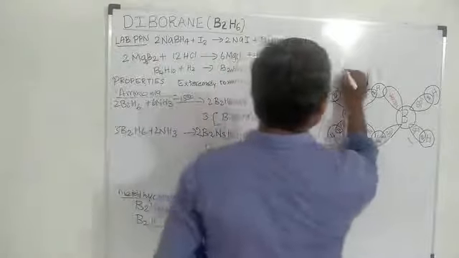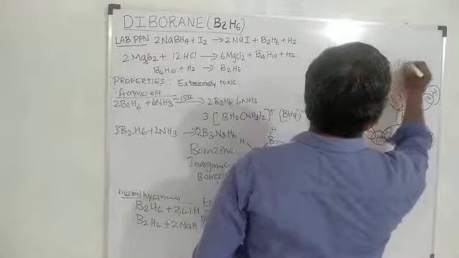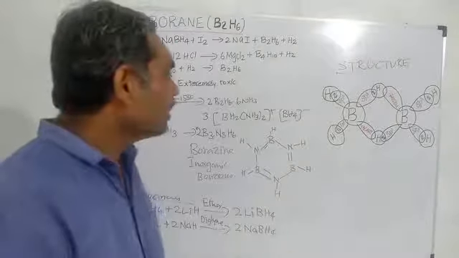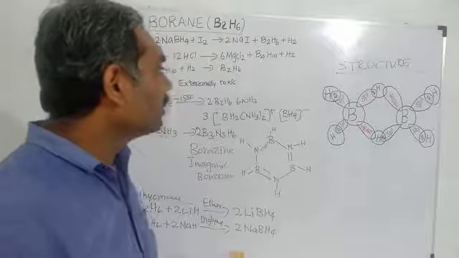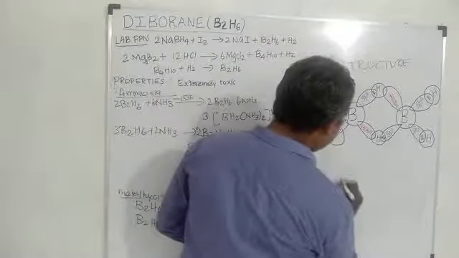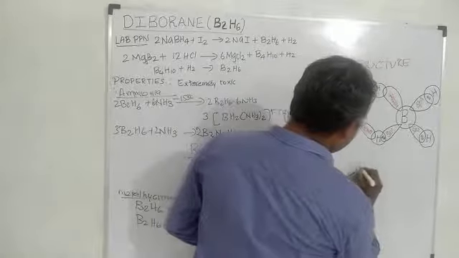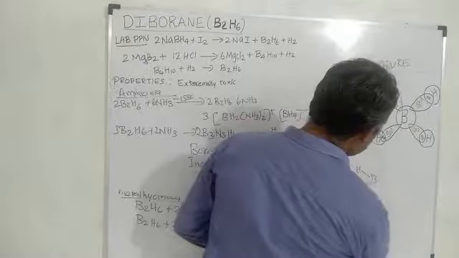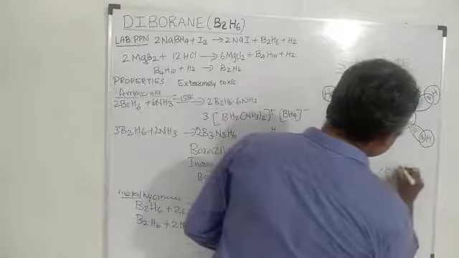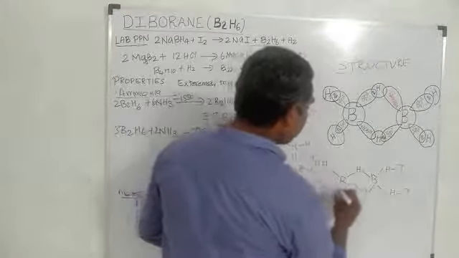Now we will move on to the structure. The diborane structure is a very important question. We can simply write B, H. These hydrogens are called terminal hydrogens.